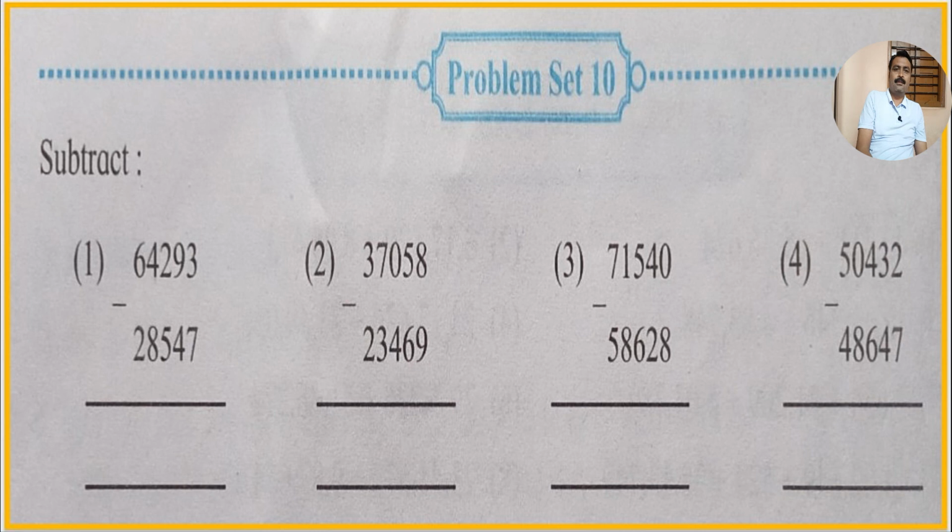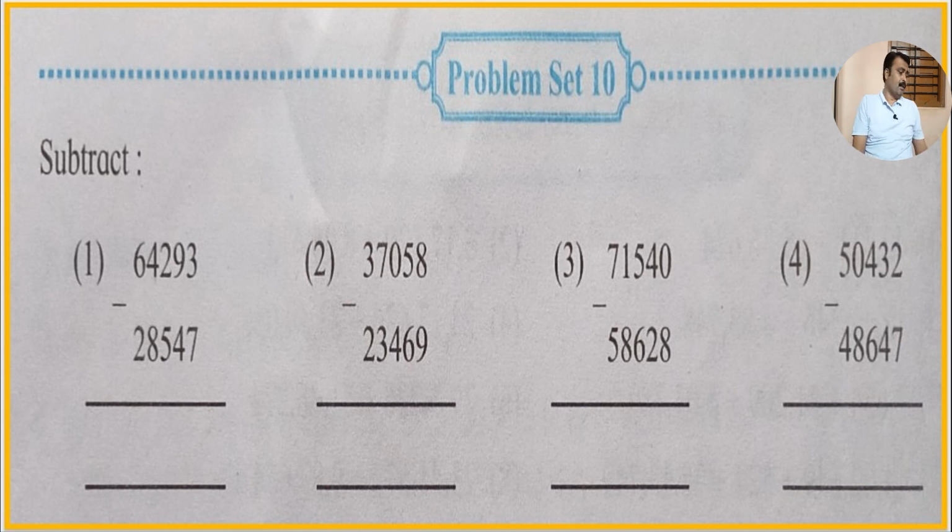Second example, 37,058 minus 23,469. Third example, 71,540 minus 58,628. And fourth example, 50,432 minus 48,647 here.